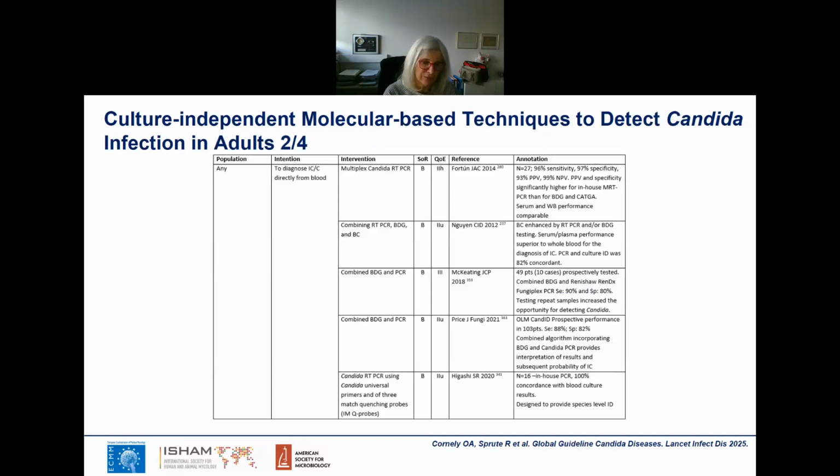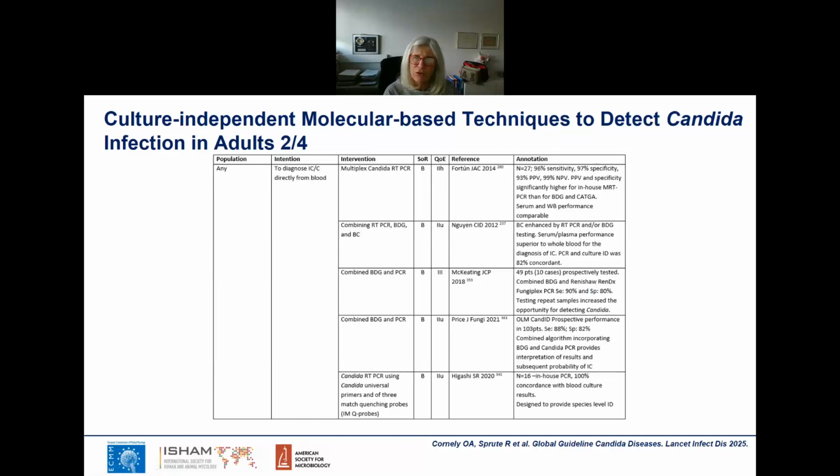And this is the major difference from judging culture-dependent methods. Most of these culture-independent assays targeted the blood, but overall, I think it's fair to say that only a few patients were enrolled in the studies. As you can see here, for Fortune, they just enrolled 27 patients, or Makiti, they enrolled around 49 patients.